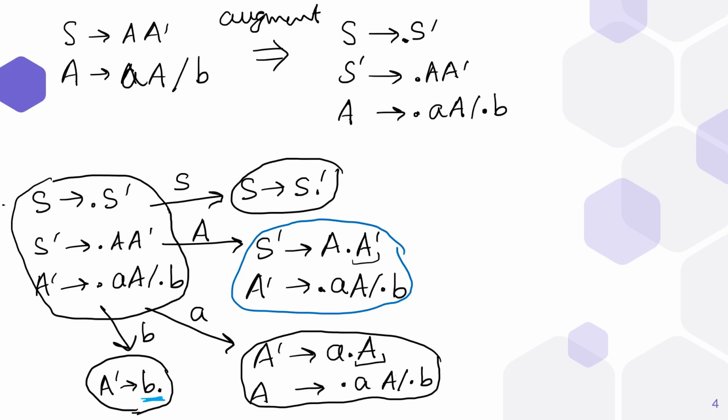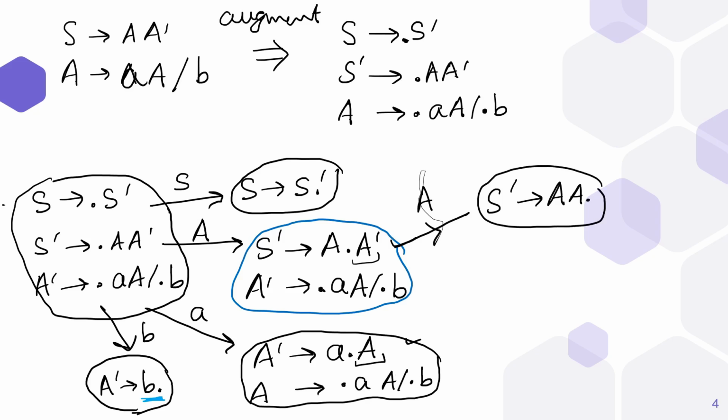Now you can see that this and this state have not been completely parsed or completely read. So we have to again shift it. Shifting it will give us A dot. So now you can see that the dot is at the end of production. That means that it has completely been read. Now again we would reduce this particular production.